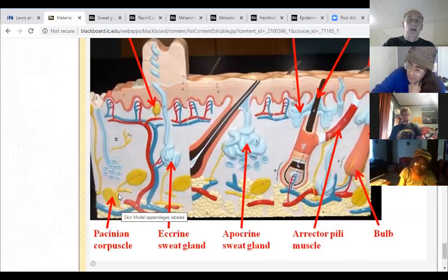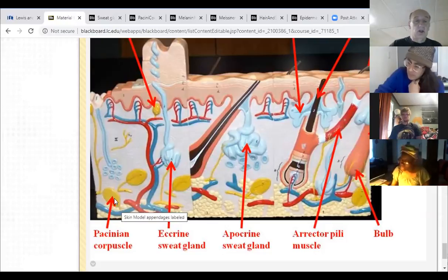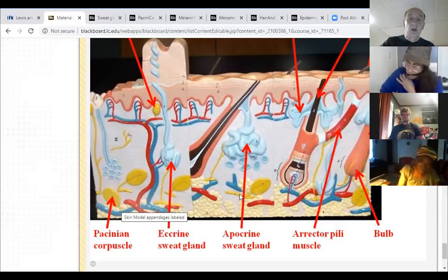So a deeper force on the skin will trigger nerve impulses from these sensory structures. And so our brain will be informed that pressure is exerted on our skin or vibration is stimulating our skin. And again, there are several Pacini corpuscles here.